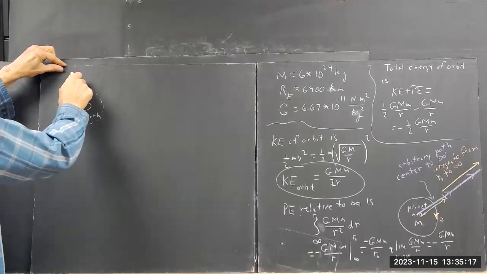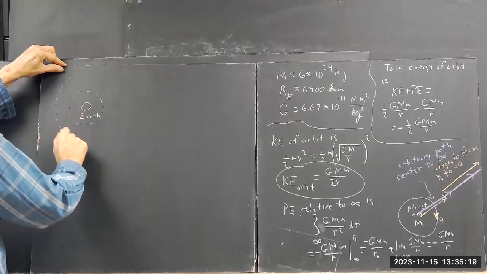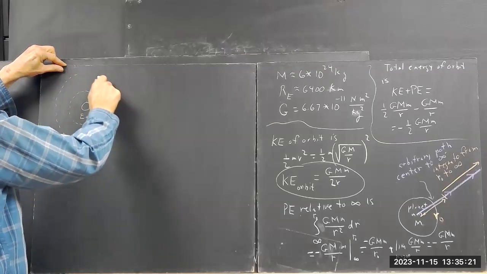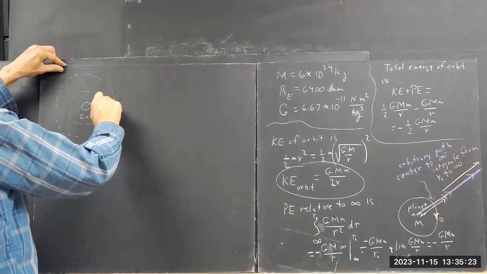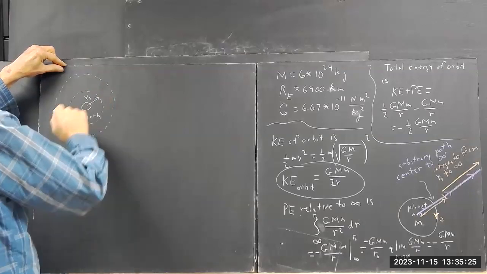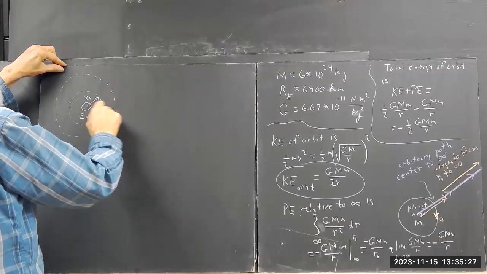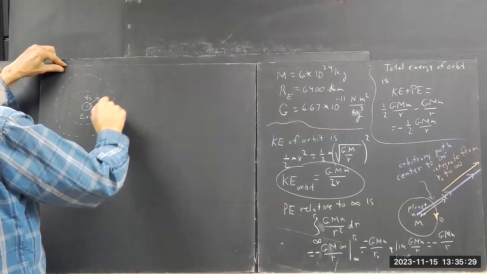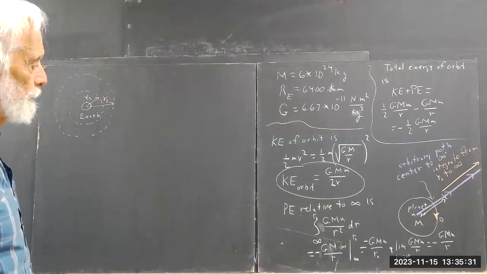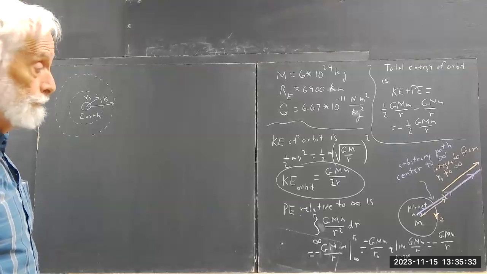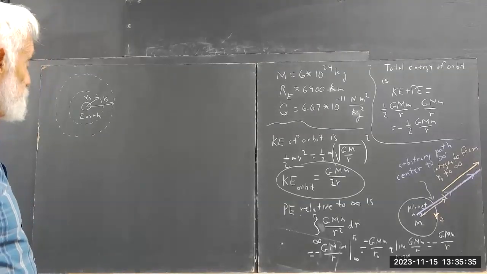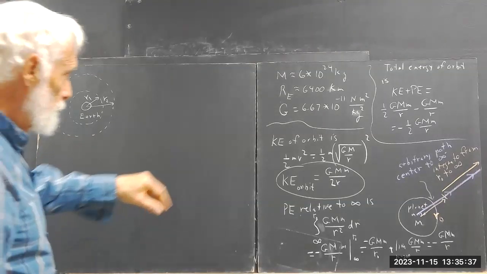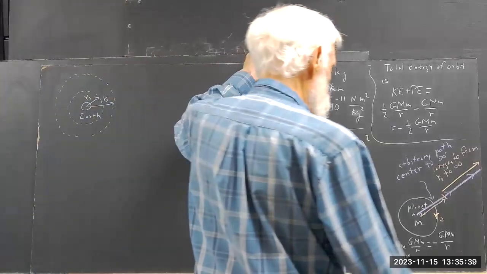Here's one circular orbit. Here's another circular orbit. So let's say this is at R1 and this is at R2. Before I go on with that, let me correct one thing over here.